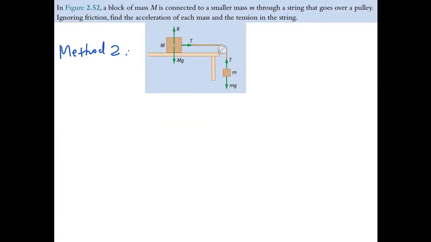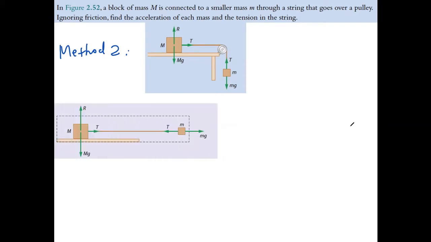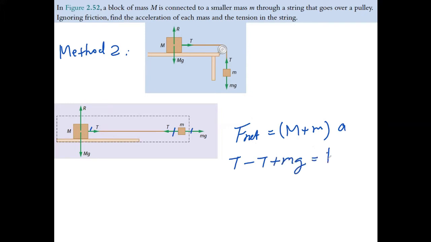Method 2, treating the two bodies as one, results in the situation shown below. The net horizontal force on the combined mass is F net equals M plus m times a. The net force is T minus T plus mg equals M plus m times a.